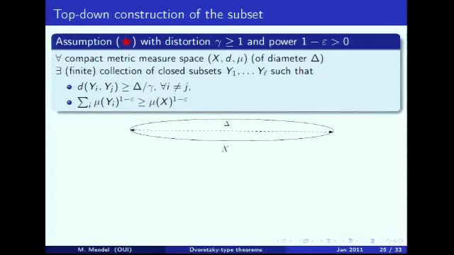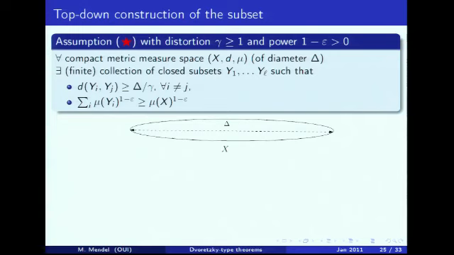Suppose you have gamma and 1 minus epsilon with the following property: in any compact metric measure space X of diameter delta, we can find subsets y1 to yl, which are separated by a distance at least delta over gamma, and have this property that the sum of the measures of yi to the power of 1 minus epsilon is at least the measure of X to the power of minus epsilon.